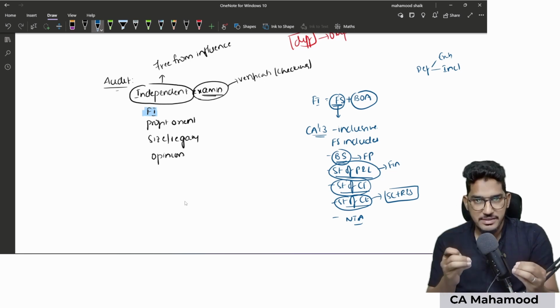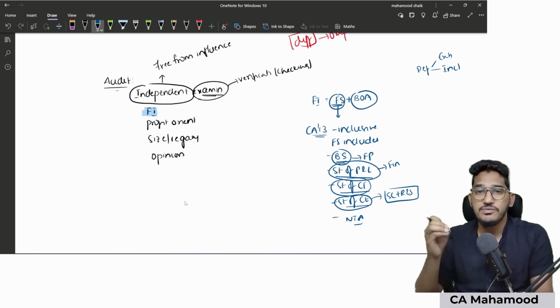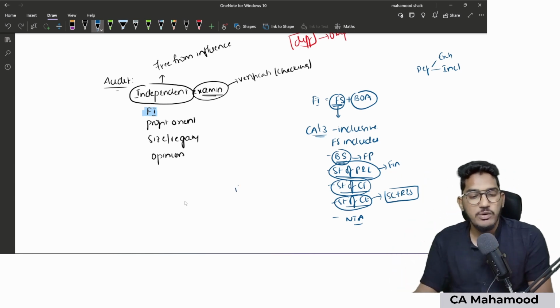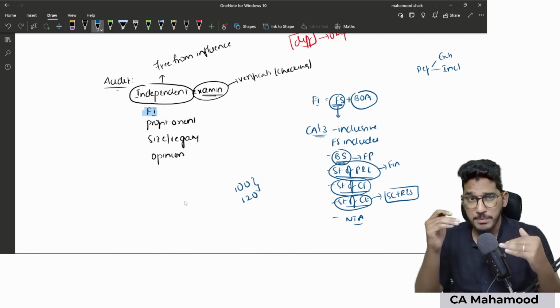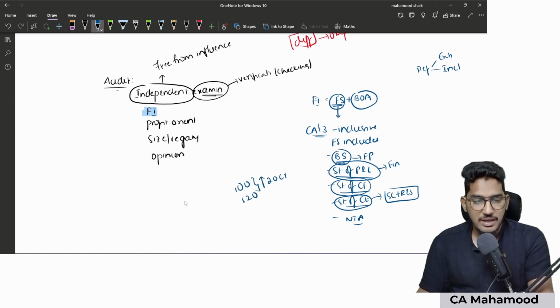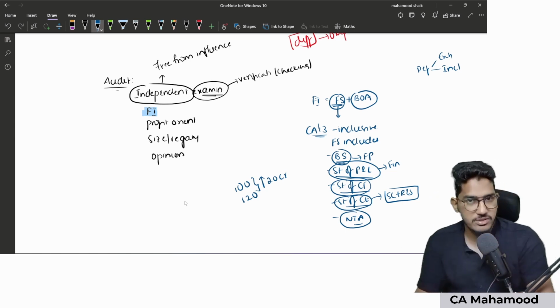And if I prepare a statement which will tell me the reasons for difference between opening and closing balance of equity, so if the opening equity balance is 100 and the closing equity balance is 120, I will prepare a statement which will explain because of what reasons this increase of 20 crores happened during the year. That statement, we call the statement of changes in equity. And apart from that, if we have a look at the financial statements of companies, they will even contain notes to accounts also. Notes to accounts is also an integral part of the financial statements.